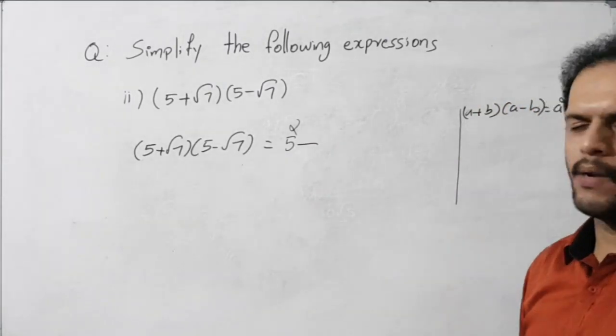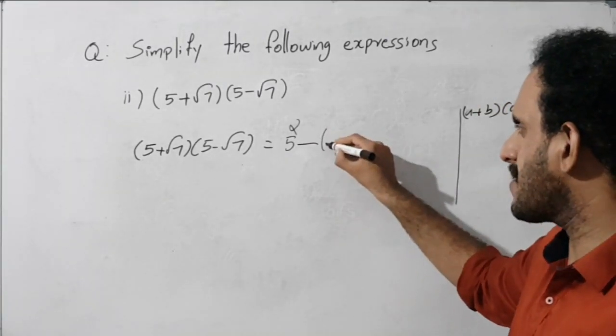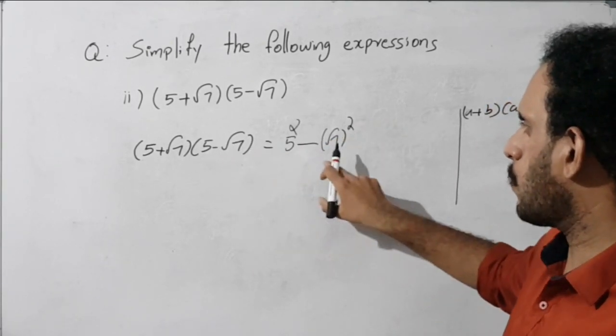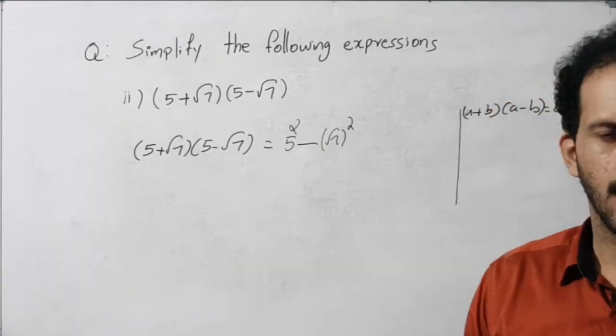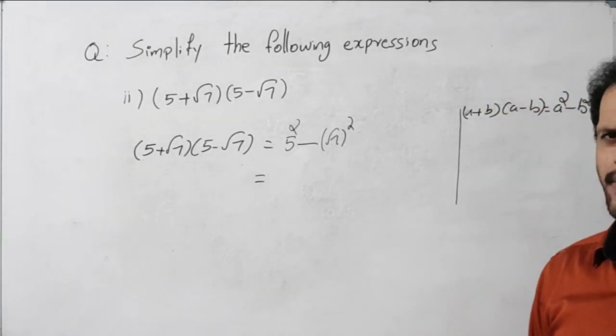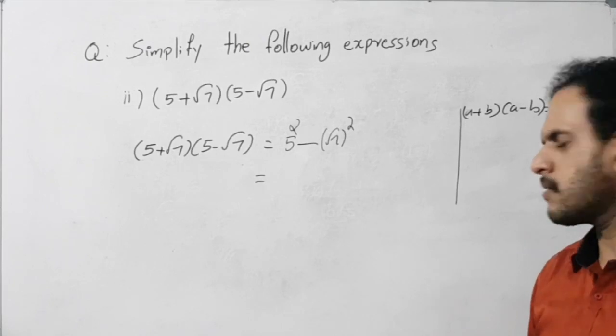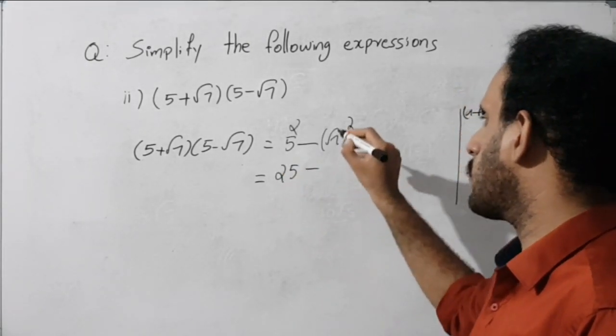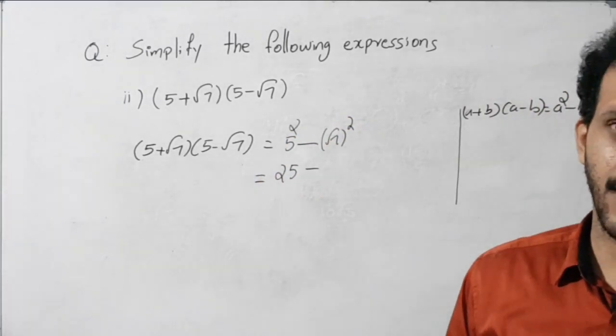B square means root 7 whole square, correct? B is root 7. We know what is 5 square? Yes, 5 square is 25, minus what is root 7 whole square?